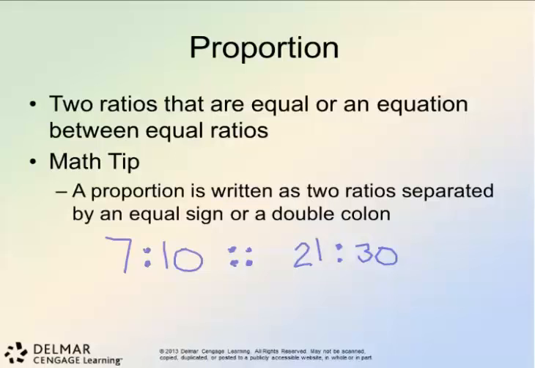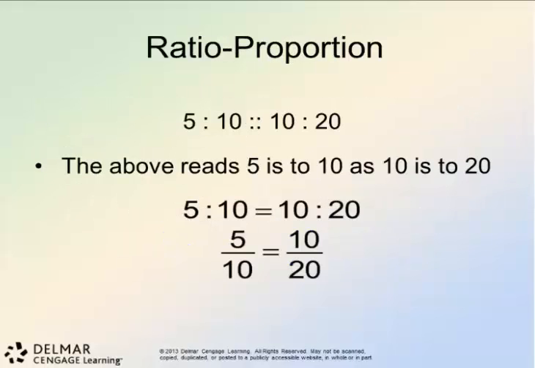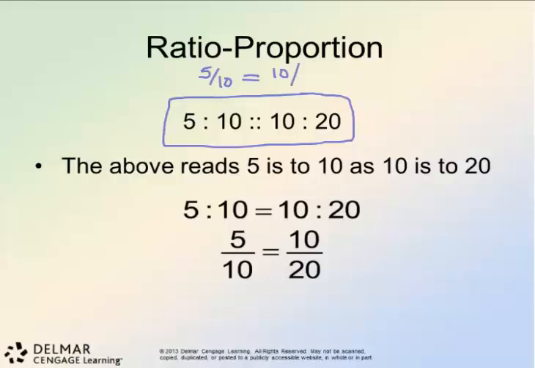Now, the next slide, I believe, we'll talk about special names for these terms. So let's go to the next slide. Now here is a proportion. Remember, this whole statement is a proportion because we have one ratio, 5/10, equal to another ratio, 10/20.